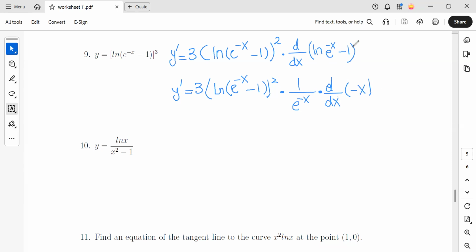And we know that the derivative of negative 1 is 0. So altogether, it will be negative 3 times ln of e to negative x minus 1 power 2 over e to negative x.